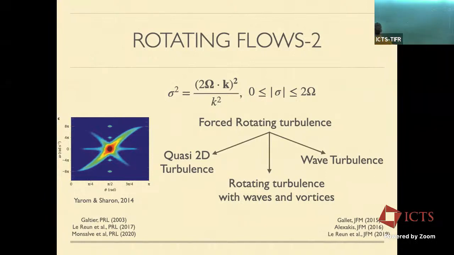So you can again look for plane wave solutions: u equal to some u hat of k vector, comma t, times an exponential of the pure wave form. Substituting this into the linearized equation gives you a minus i sigma.